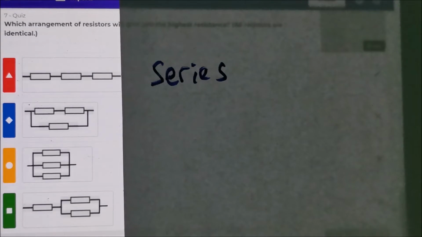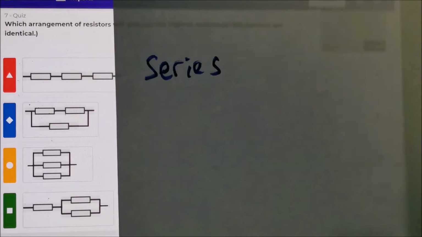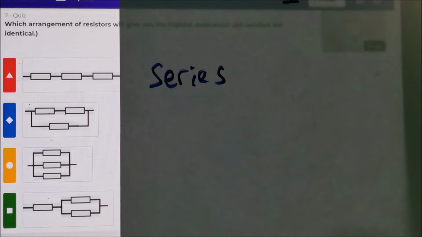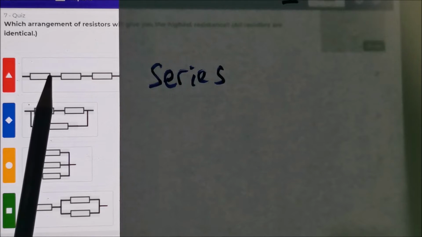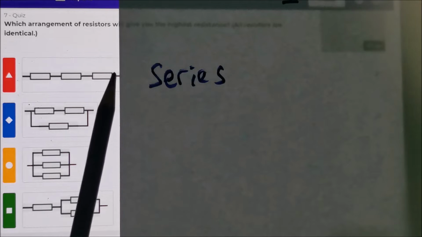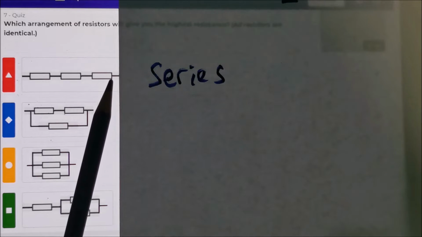Series means one after another. Current has to flow through here, after that through here, and then through here. It has to overcome the first resistor, the second one, and then the third one.